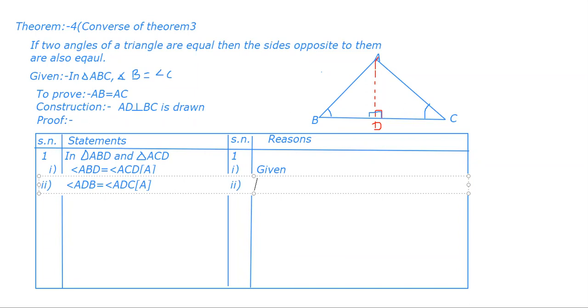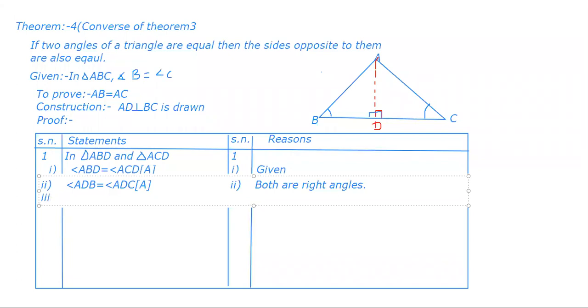Because AD is perpendicular to BC, so both are right angles. We can write both are right angles, or we can also write AD is perpendicular to BC by construction.